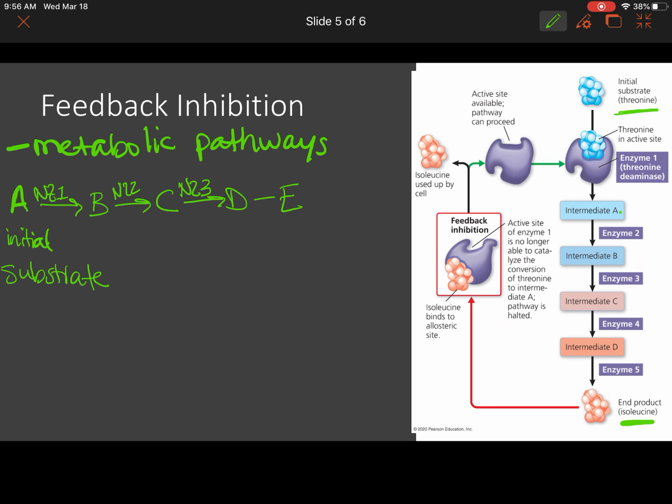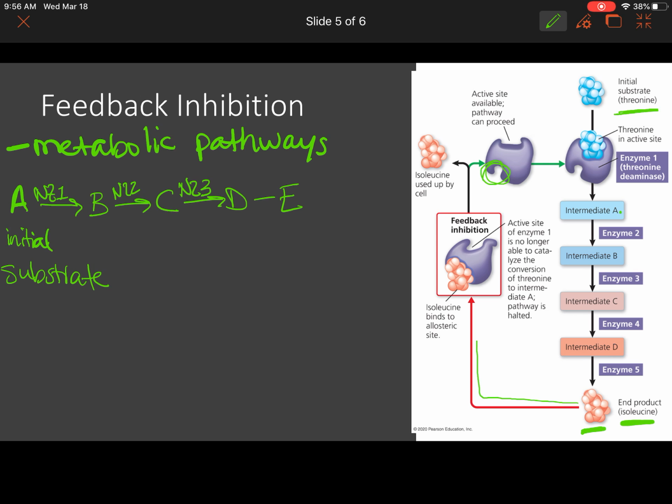Well, the cell, like I said earlier, needs a way to regulate these pathways, because just because threonine is available doesn't necessarily mean that the cell needs more isoleucine. So if the cell has enough isoleucine, if the concentration of isoleucine is high enough, then it is going to bind to the allosteric site of enzyme 1.